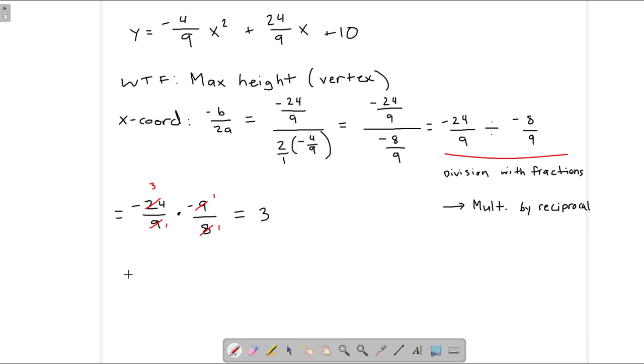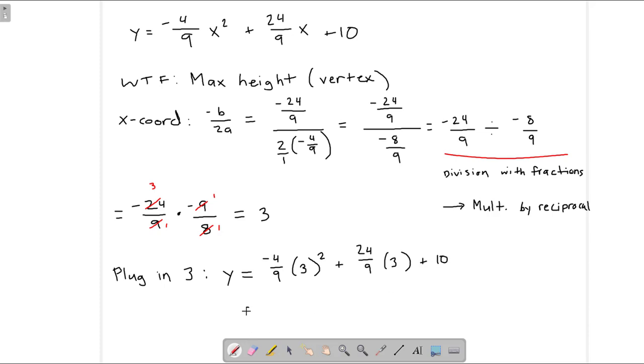So from there, all I have to do is plug that in to my equation for x, right? So I want to find the y-coordinate. y equals negative 4 over 9 times 3 squared plus 24 over 9 times 3 plus 10.